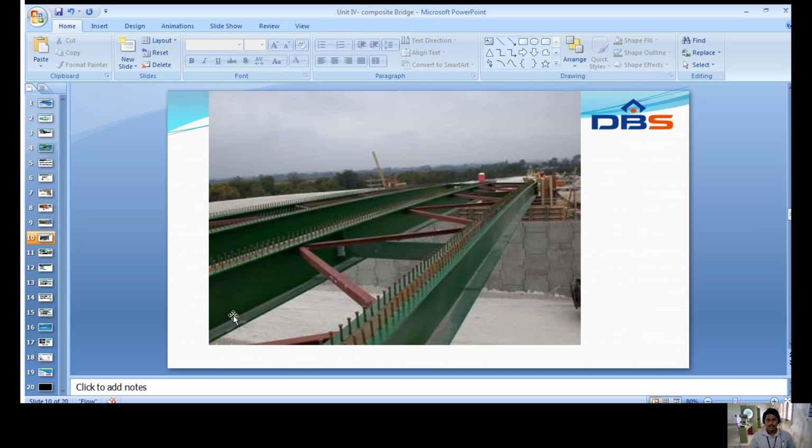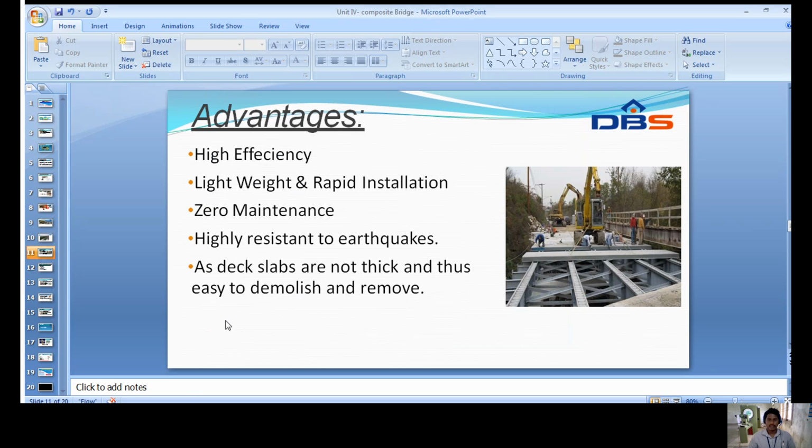Let's see some images of a composite deck bridge to get more clarity. After knowing what a composite deck bridge is, let us see its advantages. There are a few points on why the composite deck bridge is important to adopt for benefits and future purposes. It has high efficiency, high strength, light weight and rapid installation.